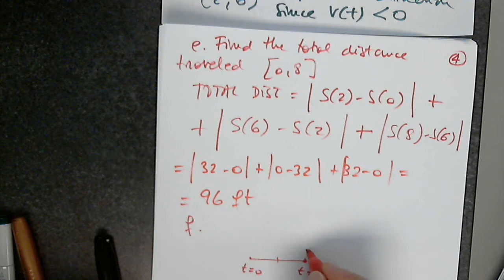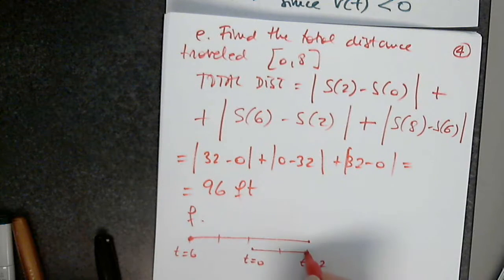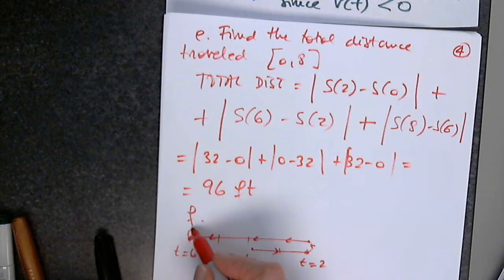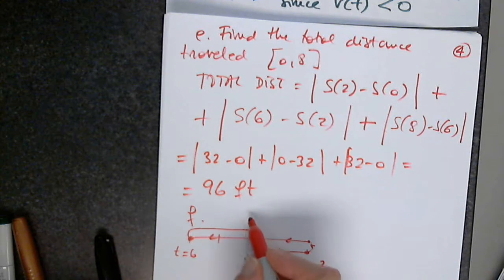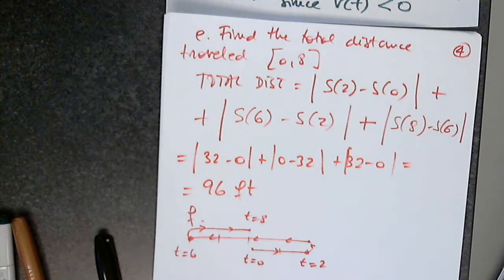Then from this point, it goes back 4 seconds. So this is t equals 6. Yes, I can do this so you see the direction. And then it goes this way too. T equals 8. That's the diagram that I showed you.